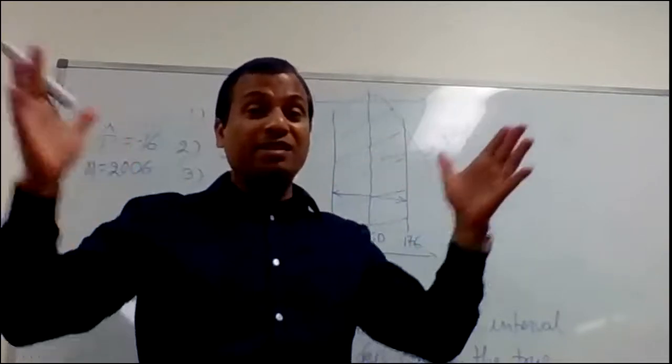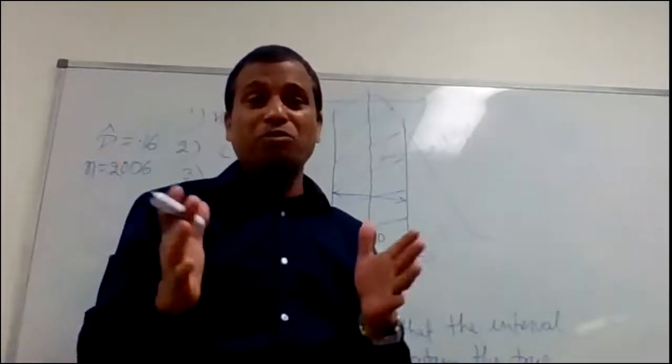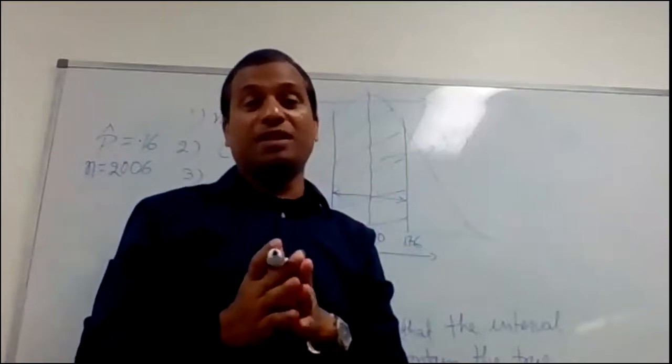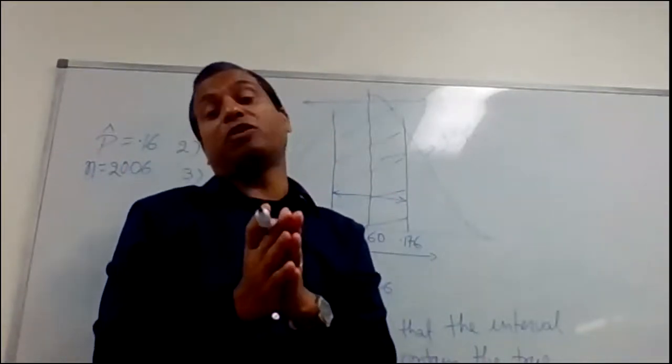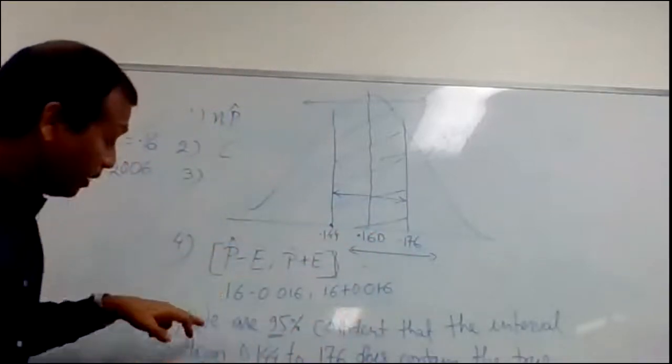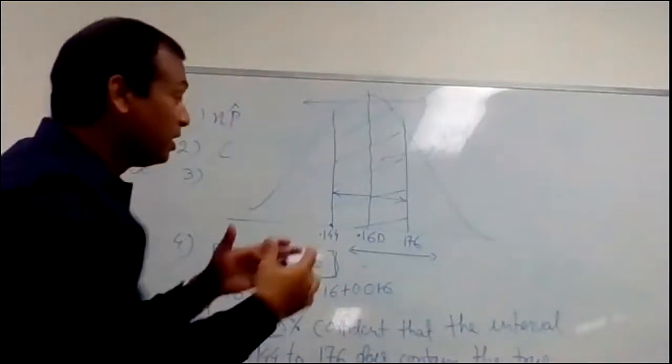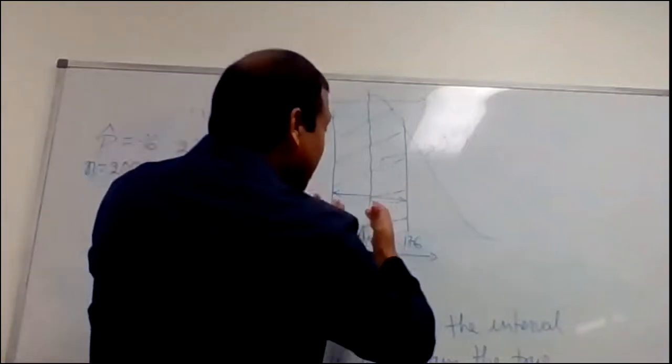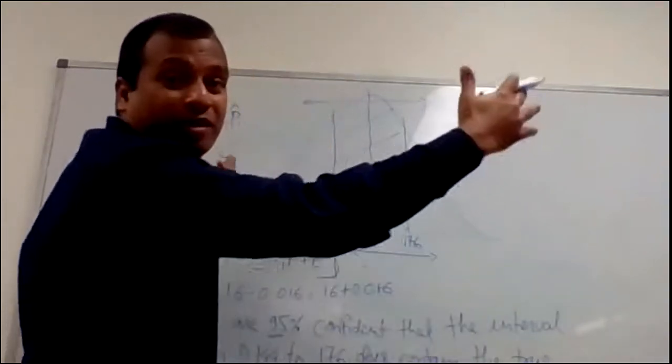But if the range is wider, it does not give you much precision, and those findings will not be of much importance. That's why we should not go with 100%, because if you open it to 100%, again the interval will be more and more wider.